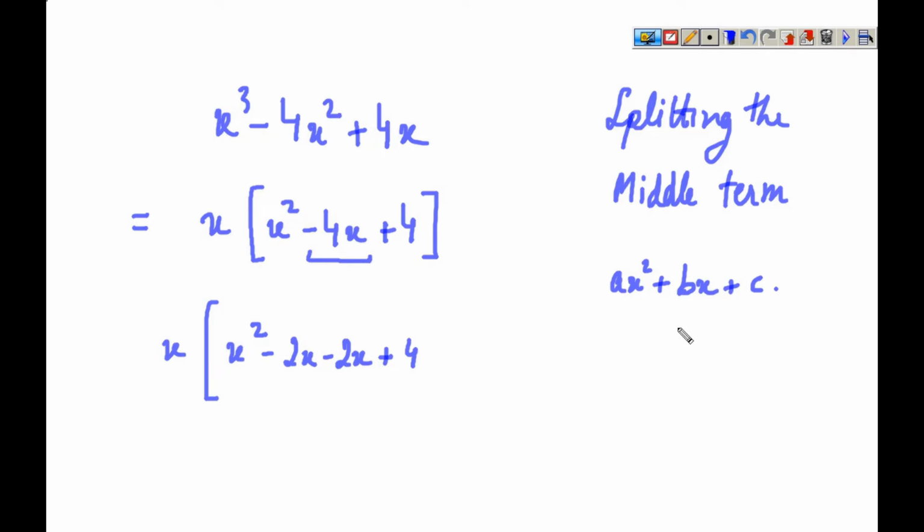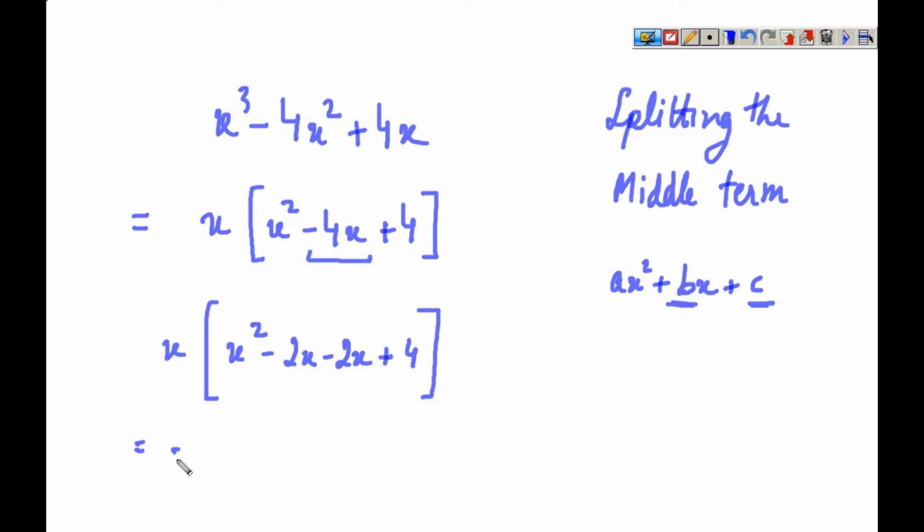When we split the middle term, the addition of those new two terms should be equal to b, and the product of those terms should be equal to ac. Here minus 2 and minus 2 is minus 4, and the product is 4. If we multiply, we get 4, right?